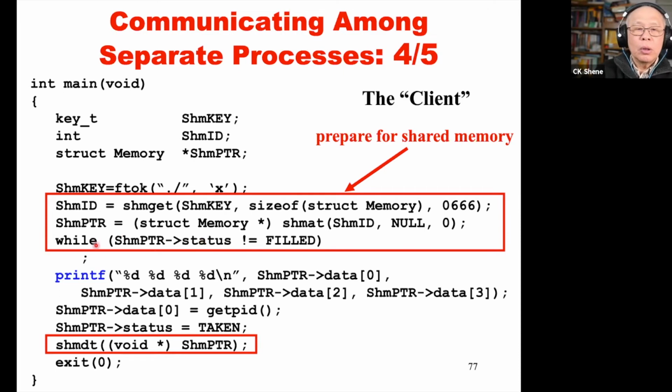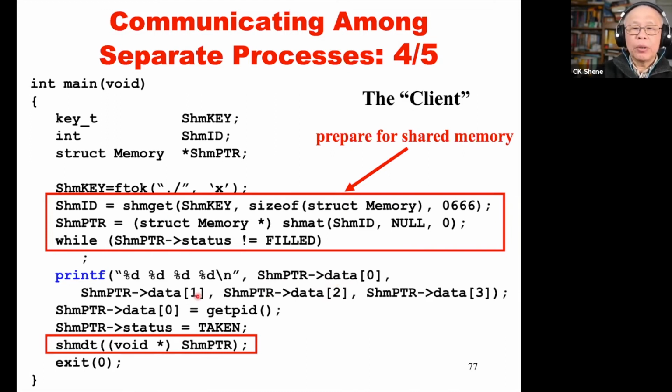So it takes very short time to break this while loop. So once we break this while loop, it means data 0, 1, 2, 3 have been filled with values. So this client process just prints out data 0, 1, 2, and 3. Okay.